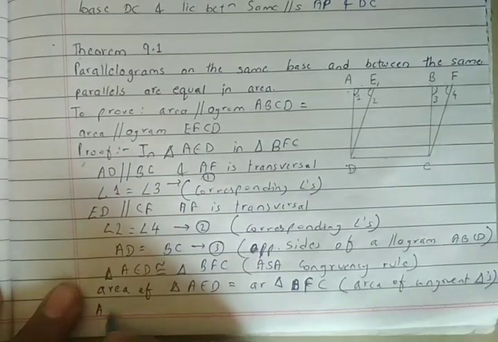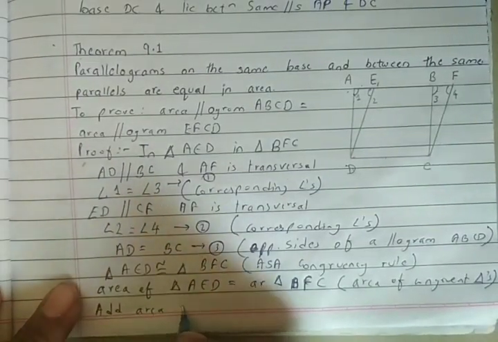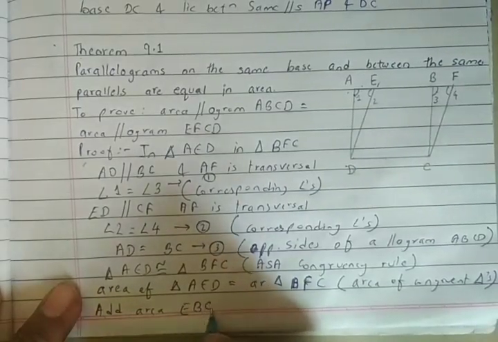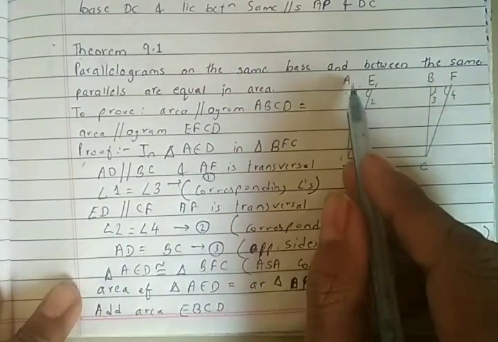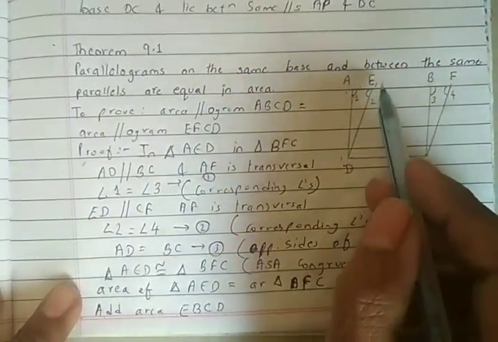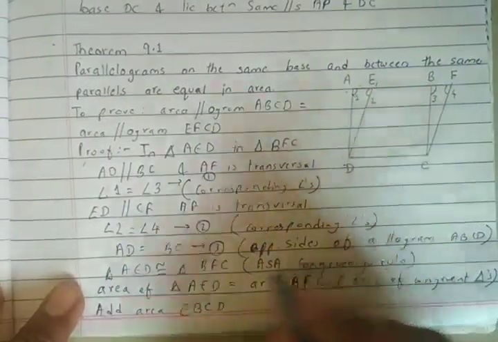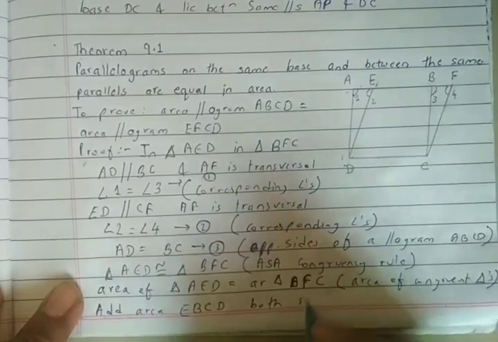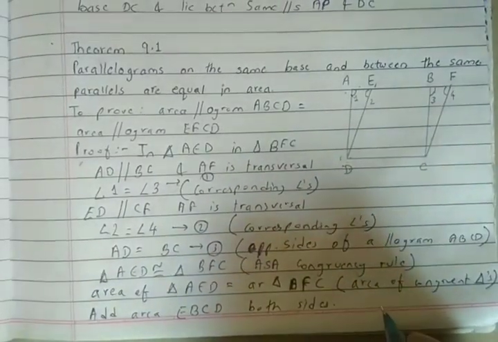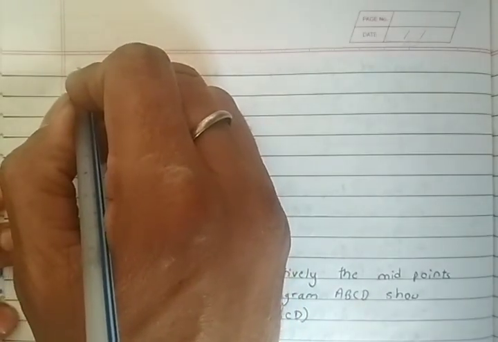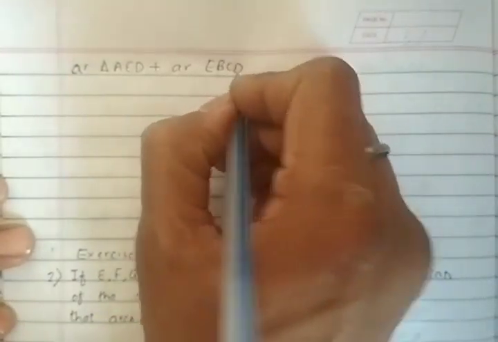Now we'll add area of EBCD. We'll add EBCD to this AED and we'll add area of EBCD to BFC, this triangle. So let's see what happens. We'll add this to both sides. When we add that parallelogram to the triangles, area of triangle AED is added to area of parallelogram EBCD.